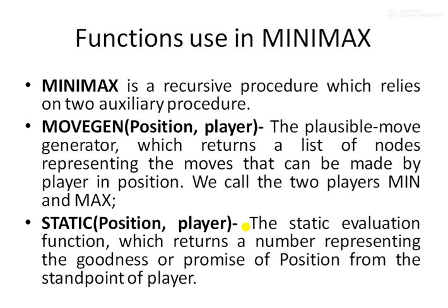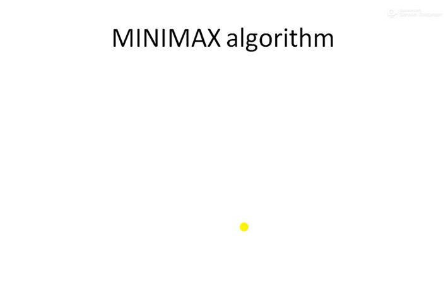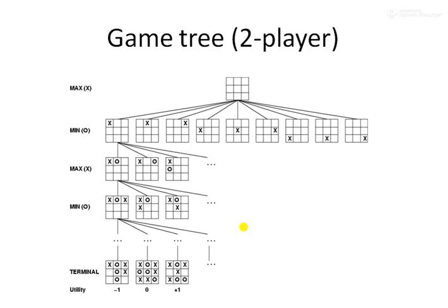One is the moveGen and another is the static evaluation function, which is also known as the heuristic function. The role of the moveGen function, going back to the previous slide: suppose in the initial state I apply the moveGen, it will generate all the possible moves.